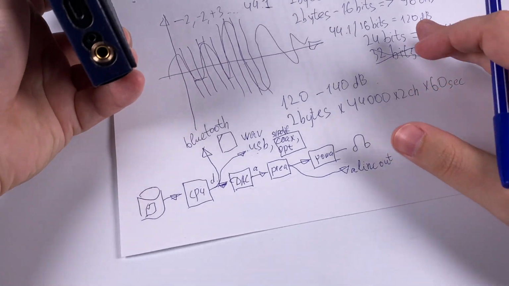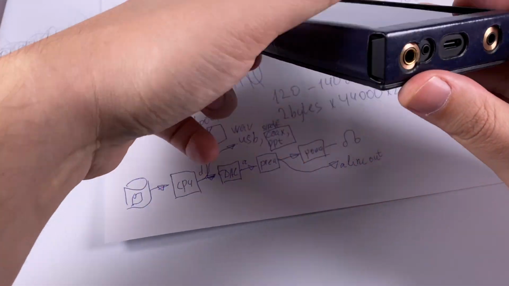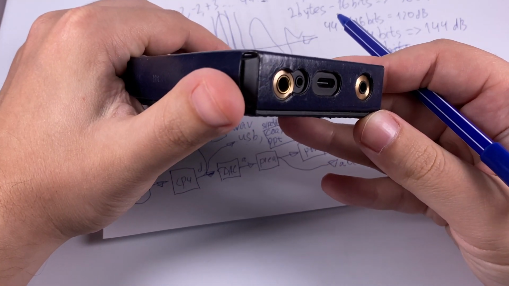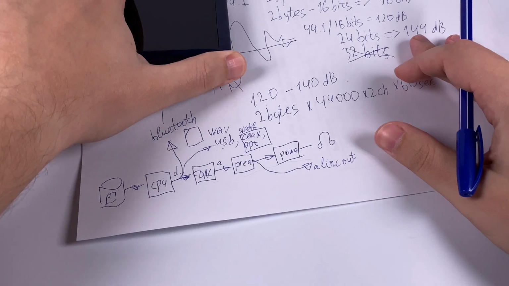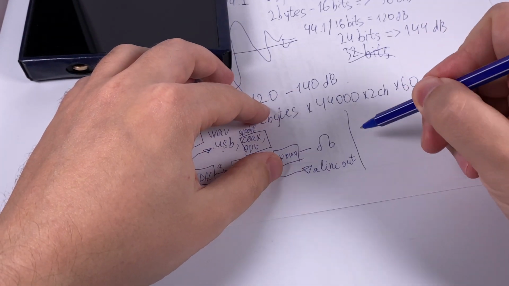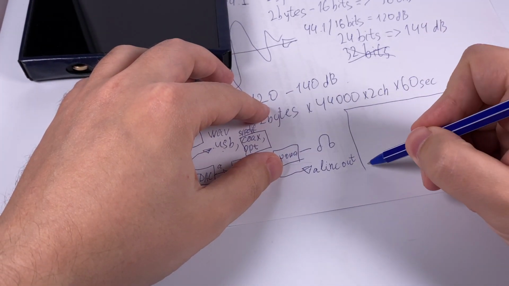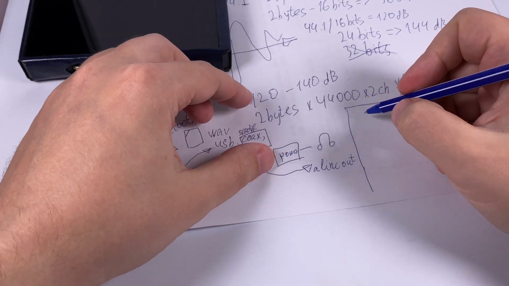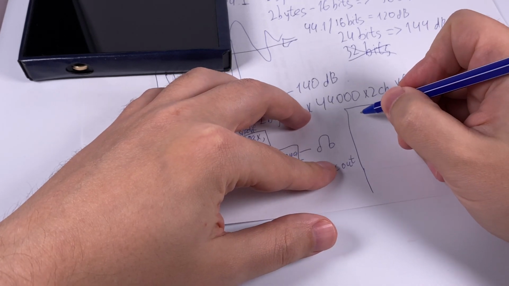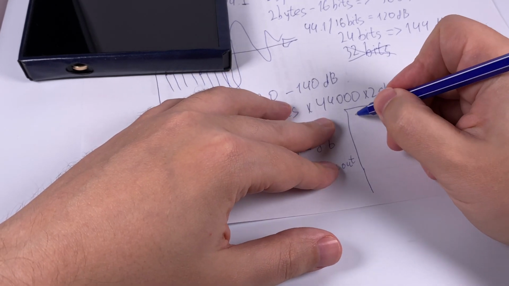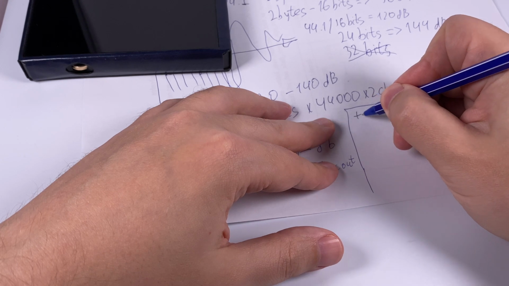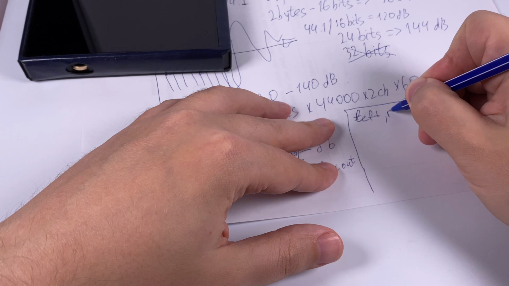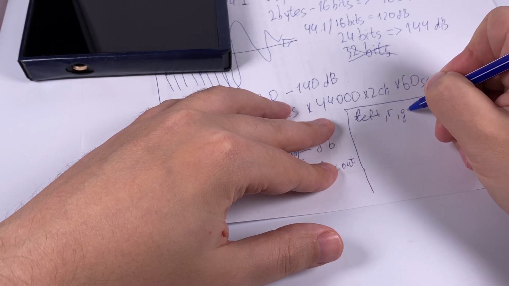And what remains here, what I want to mention, is single-ended and balanced connectors. There is one important thing here that you need to know. A typical regular, single-ended 3.5mm connector has 3 pins: left, right, and ground.